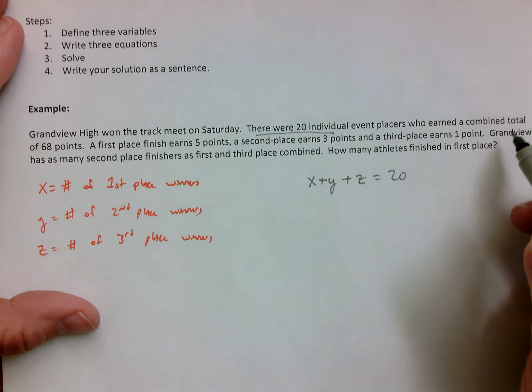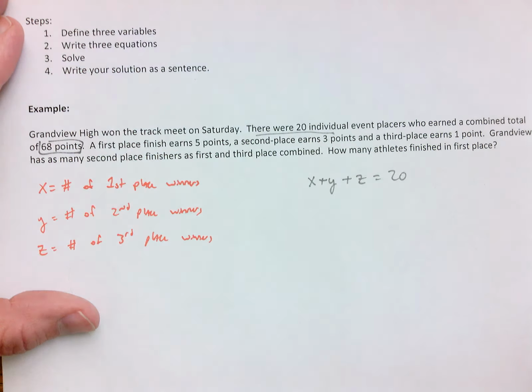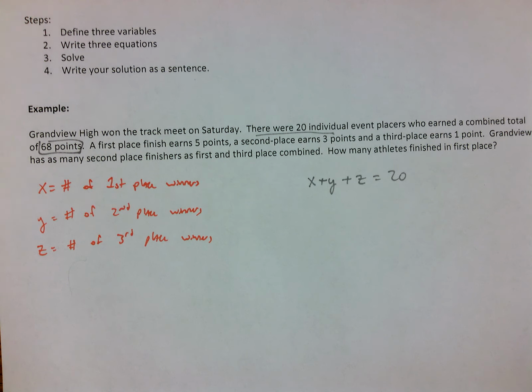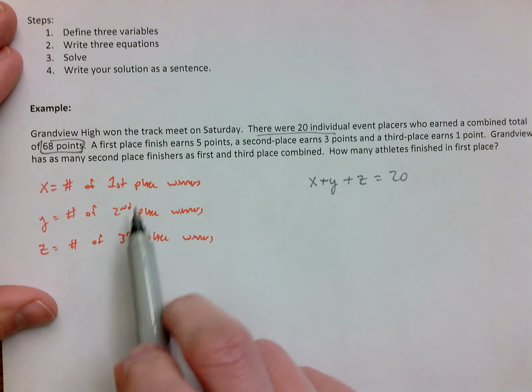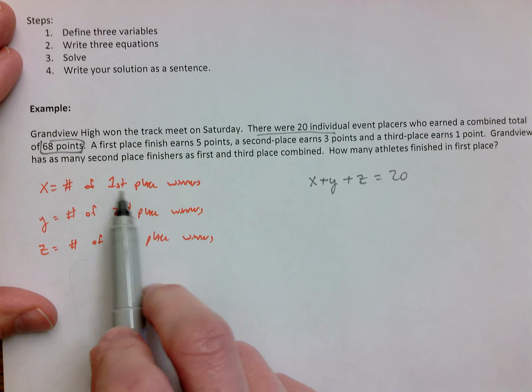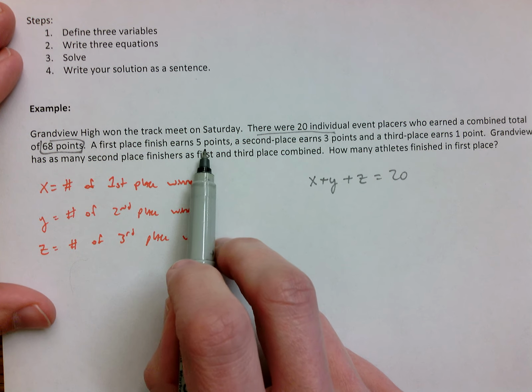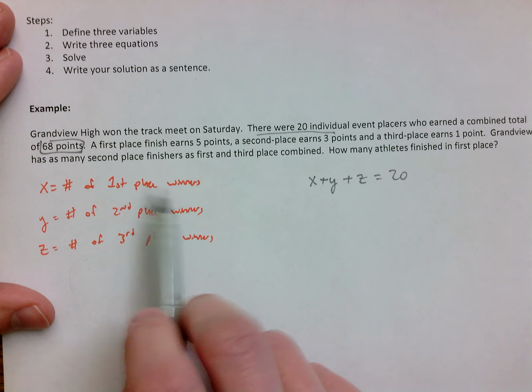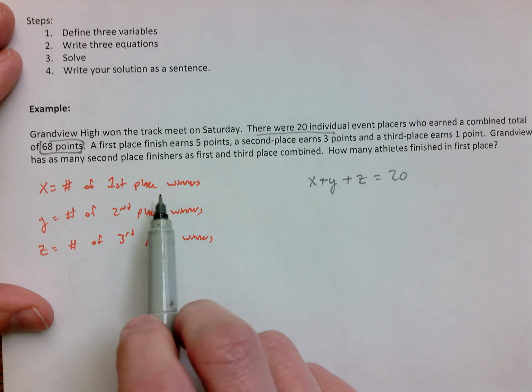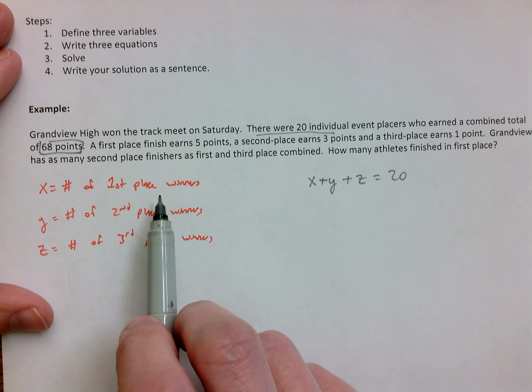All right, the next thing that we know is that there was a combined total of 68 points. So this one, we're talking about points. So we're going to need to consider how many points each of these people won. Well, every first place winner won 5 points, right? So if I take 5 and multiply it by how many first place winners there were, that's going to tell me how many points we got total for first place winners.